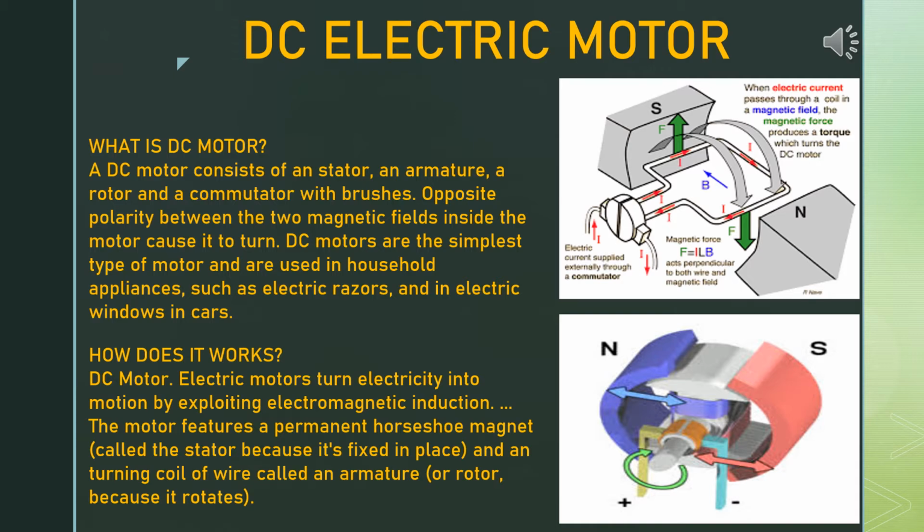When current is passed through the armature coil, it will begin to rotate due to the action of the field magnet upon it. The direction of rotation of the armature can be determined with the help of Fleming's left-hand rule that has been explained in my previous slide. Electric motors are extensively used in electric fans, pumps, electric trains, trams, etc.